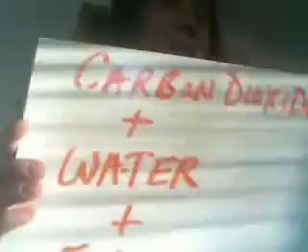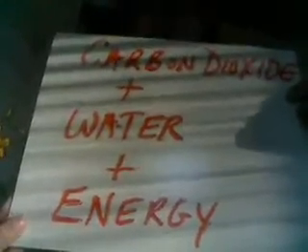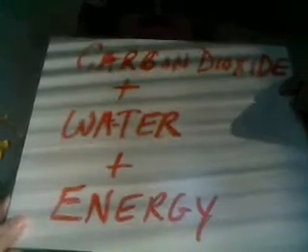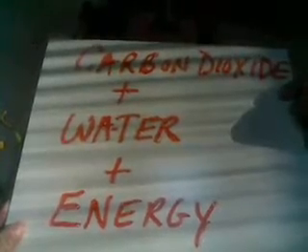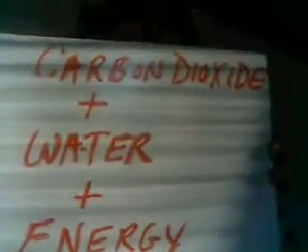What comes out of cellular respiration? Well, carbon dioxide, water, and energy. Now, in the case of cellular respiration, it's the energy for all the work that the cells do in your body. So it's energy for all your life processes. But let's look at this card. This is exactly what we used when we first started talking about photosynthesis.